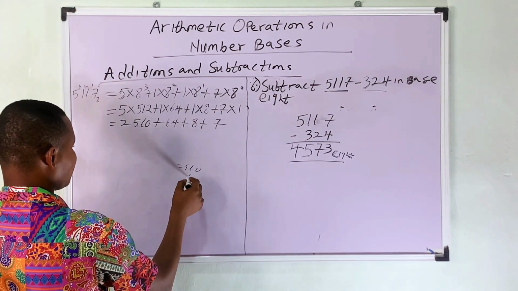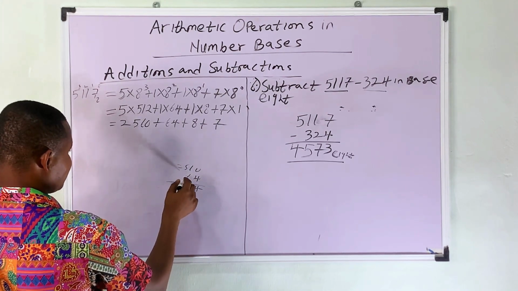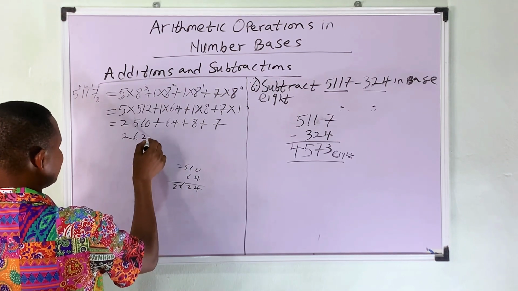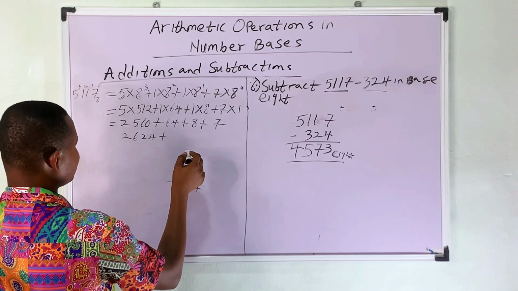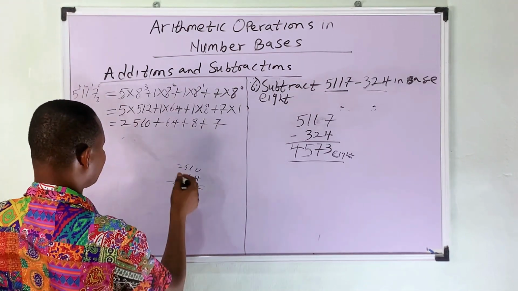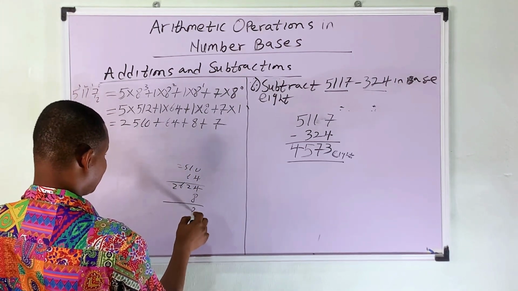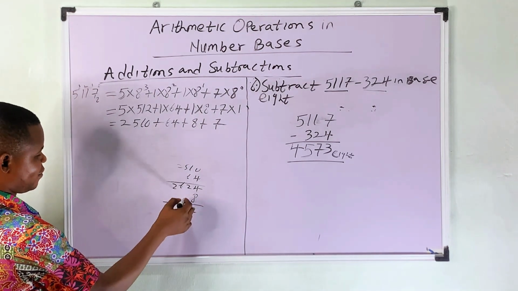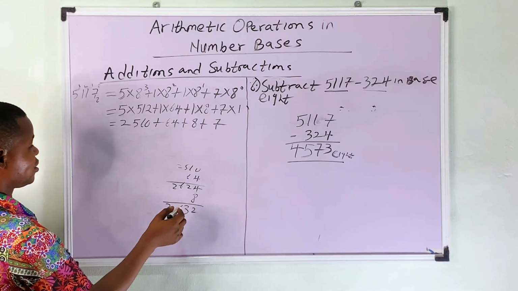2560 plus 64. We have 2624. Plus 8, we have 2632.